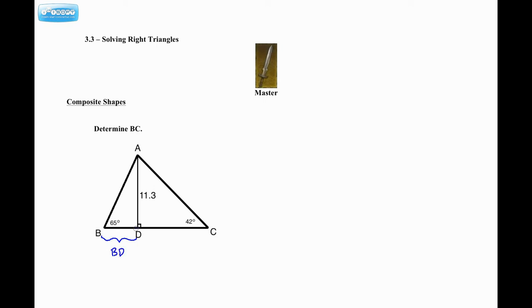All right, so here I have an angle of 65 degrees, and opposite to that is 11.3. Well, this would be the adjacent, this would be the opposite, so I need to use the tangent ratio. So the tangent of 65 degrees is the opposite divided by the adjacent.